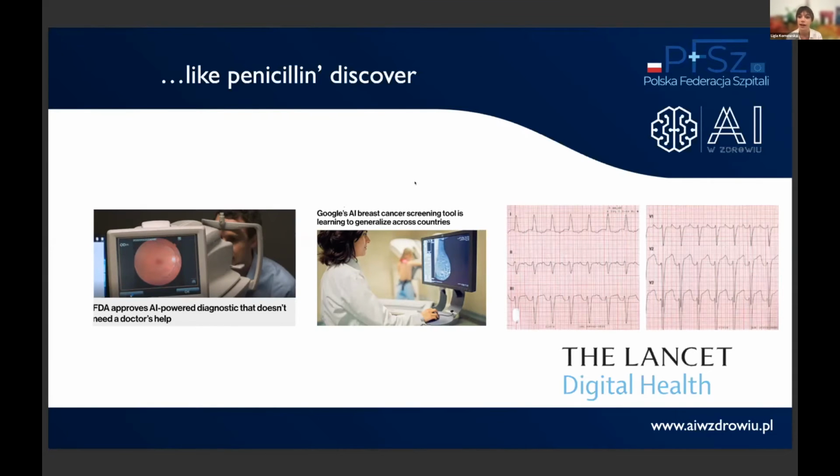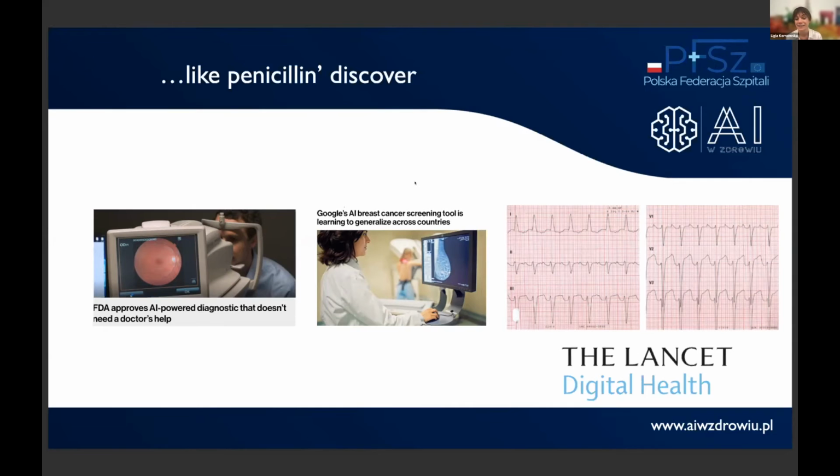It's an AI algorithm for diagnosing eye retinopathy when it comes to patients with diabetes. But it's happening right now. It happened like 4 years ago, so it was quite some time ago.